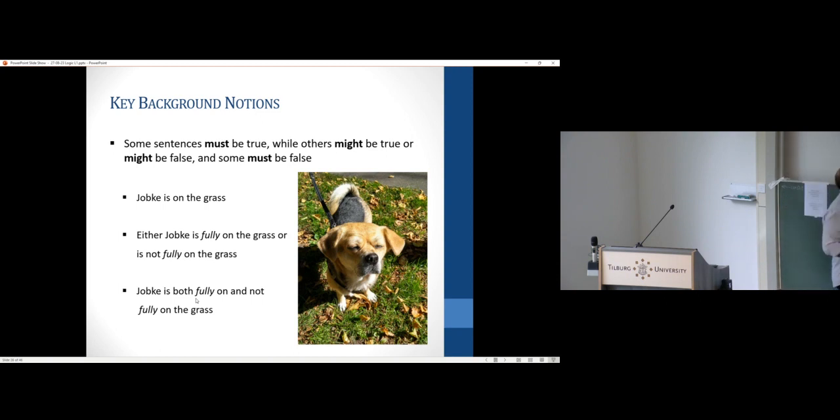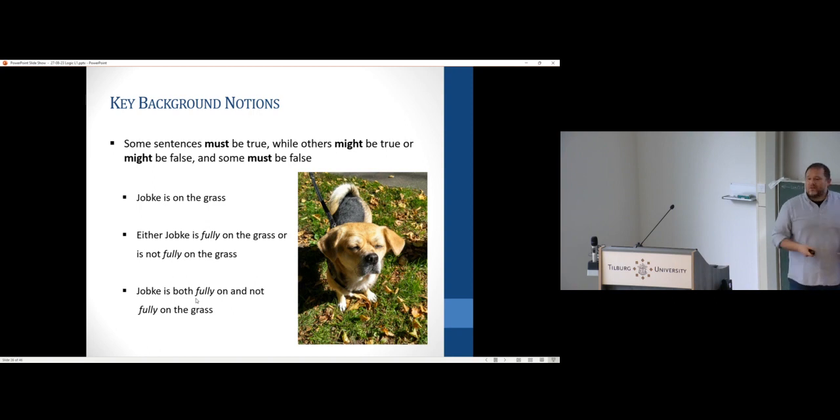Contrast that with our middle sentence. Either Jopke's fully on the grass, or she's not fully on the grass. Now, if we think about the ways that the world could shake out, it seems like no matter what happens, this sentence is going to turn out true. If she's on the grass, cool, then that first part is going to be the case.